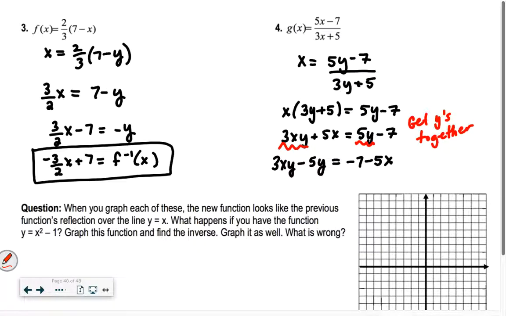What that does for us is it allows us to pull out the GCF of y. So we can pull out that y. And then we can divide by the entire 3x minus 5. So we get y equals, so I'm going to say g inverse of x equals -7 minus 5x, all divided by 3x minus 5.